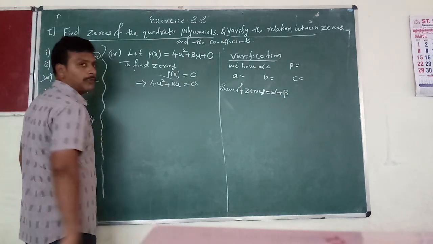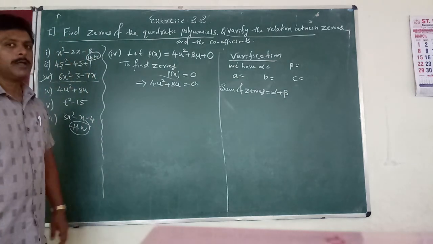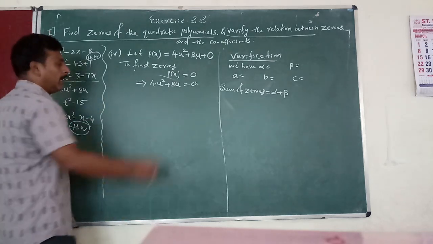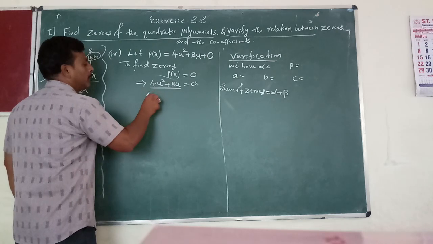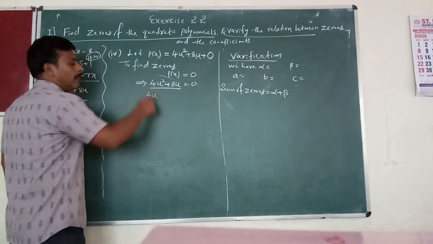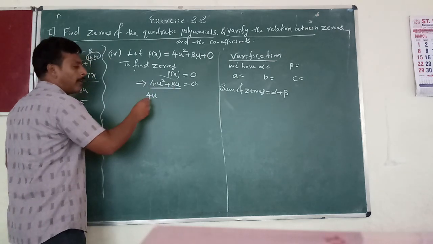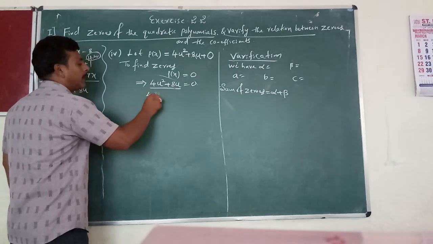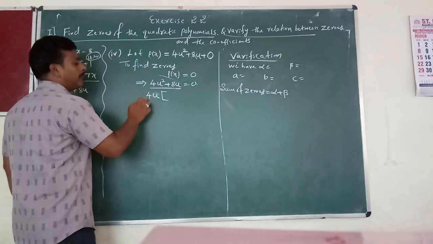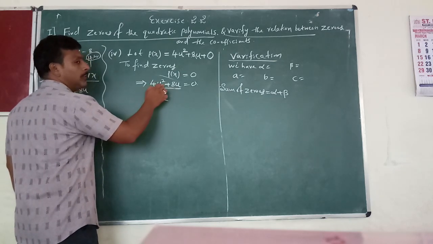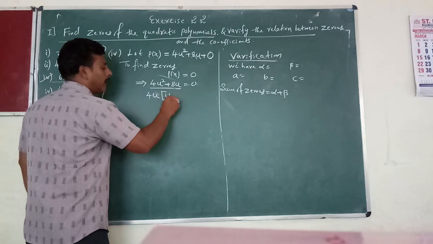So to solve this we will take common. What is common here? 4u is common. Between 4 and 8, 4 is common, and between u square and u, u is common. So what comes inside the bracket? 4 ones are 4, from u square taking 1u outside, another u inside.